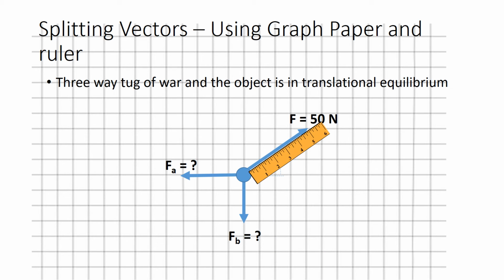For example, maybe I might say, okay, 5 centimeters here is going to equal 50 newtons. Or in other words, my scale is 1 centimeter is equal to 10 newtons. And I've got to actually physically draw an arrow at the right angle, 36 point whatever degrees, or thereabouts.